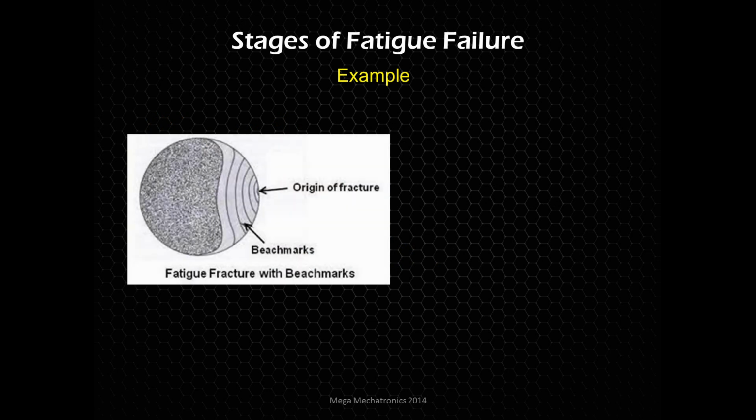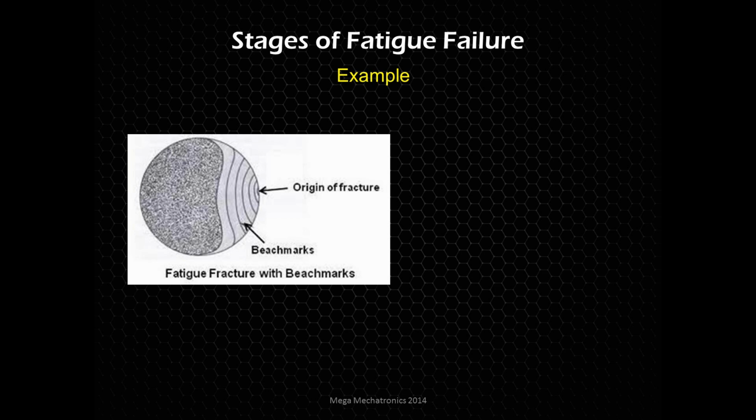So looking at an example, we have a fatigue fracture with visible beach marks. There are beach marks that are typically visible to the eye, and you can see how those beach marks radiate from the origin. So that's a very good indicator. And this is the ideal. In the real world, you don't always get so lucky to find these beach marks or have access to an electron microscope to view the striations, which are similar to beach marks, but appear in different materials and different sizes.